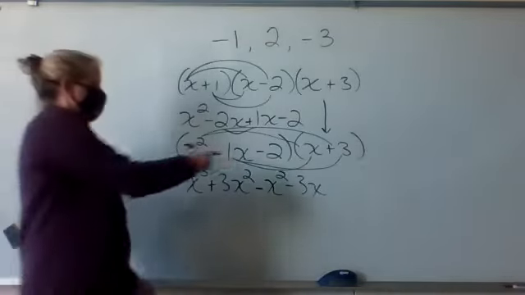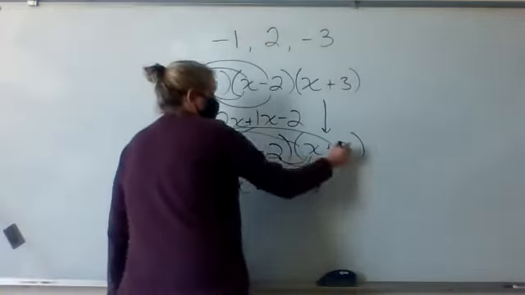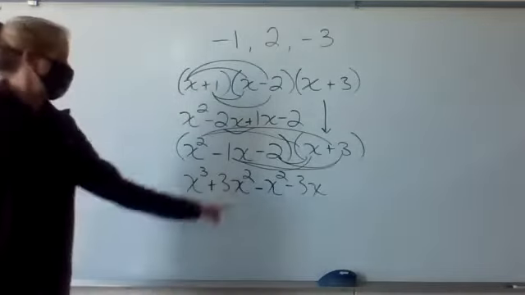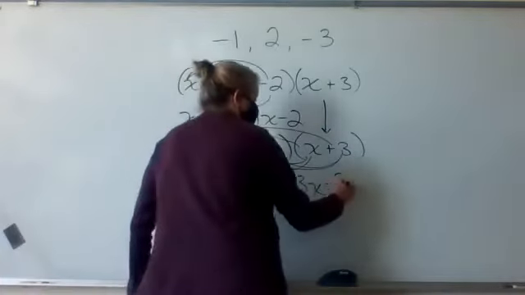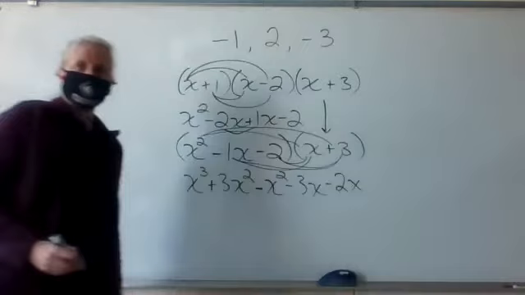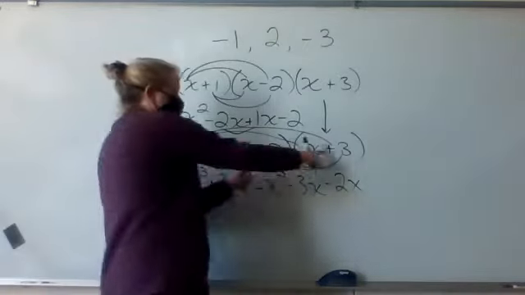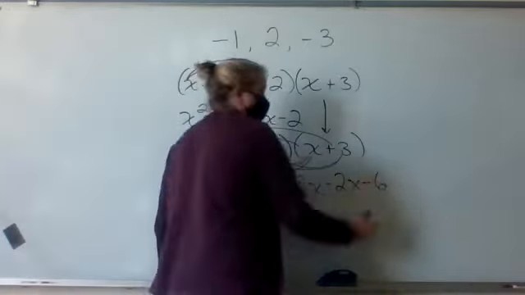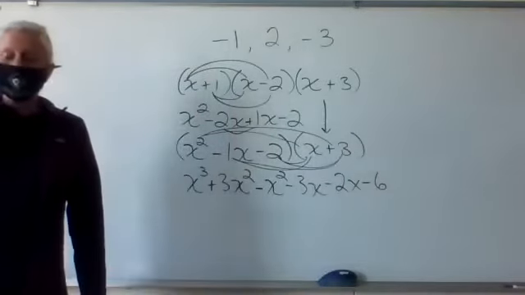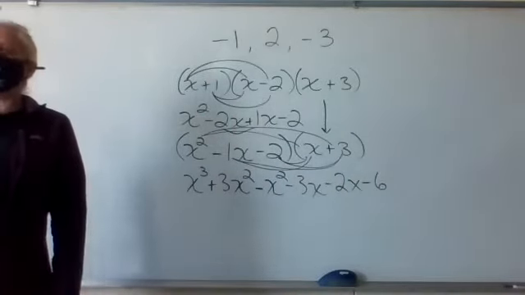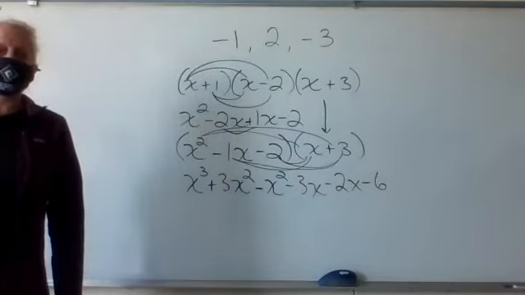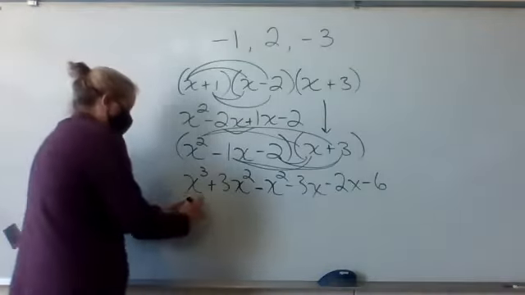And then the last number I need to distribute is this negative 2 to both of those. So negative 2 times x is negative 2x. Negative 2 times positive 3 is negative 6. Now just clean it up by combining your like terms. This is the only x to the 3rd.